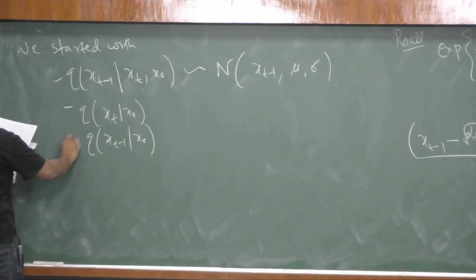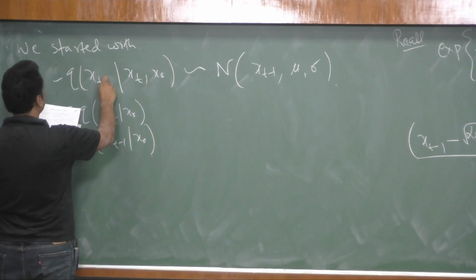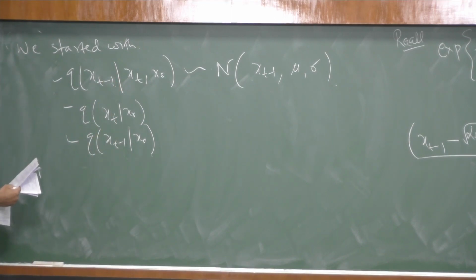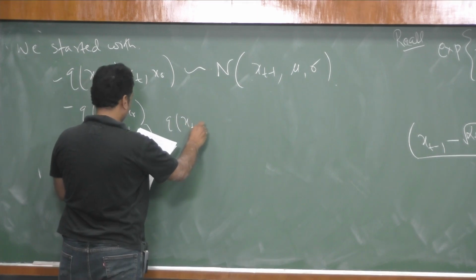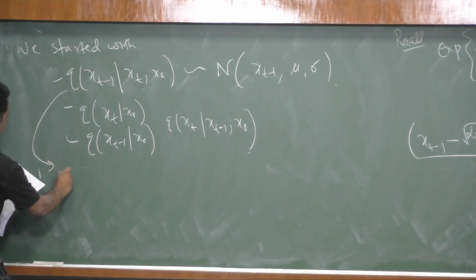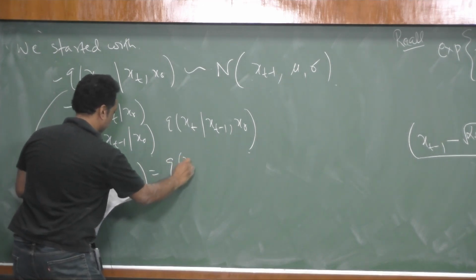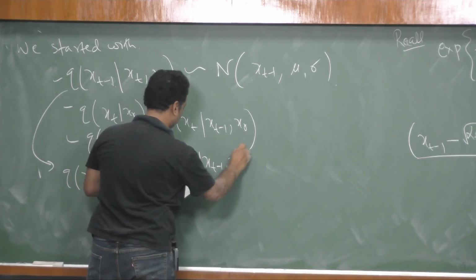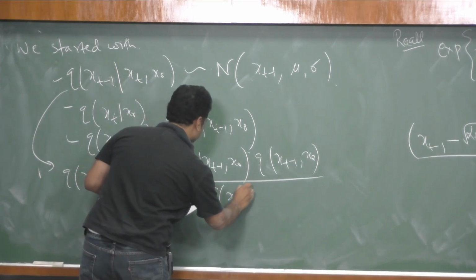So we had all this. What I want to say is we have an expression for this via this, and in the intermediate term we also had this, but the point was this guy, which was from the Bayes rule, q(x_{t-1} | x_0) q(x_t | x_{t-1}) divided by q(x_t | x_0).